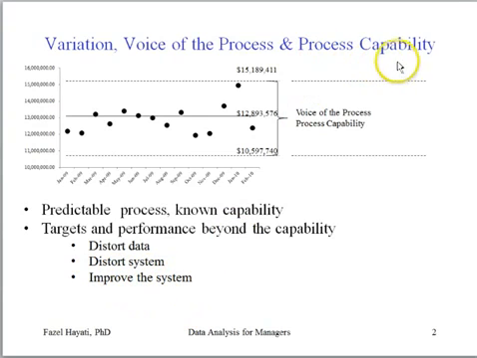If we're demanding a value that is beyond the capability, we need to improve this system to a higher level where that value is a part of the system now. So either distort the data, distort the system, or improve the system.